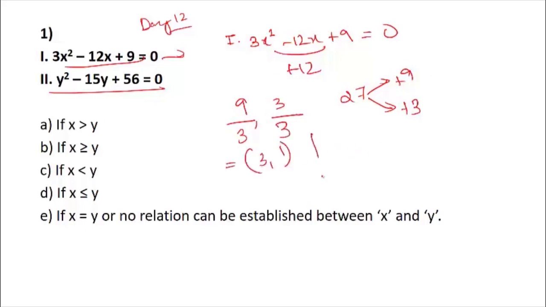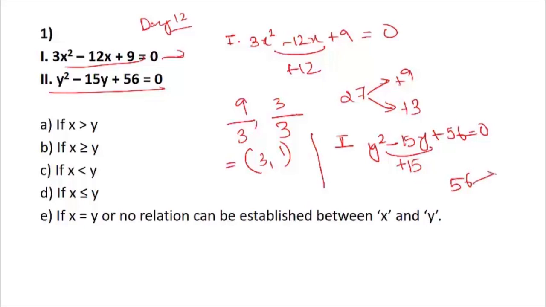Let us move on to Roman number 2: y square minus 15y plus 56 is equal to 0. Now change the sign of this 15, and we know 56 into 1 is 56. Now we have to break it in such a manner that we will get 15. So how could we break this?